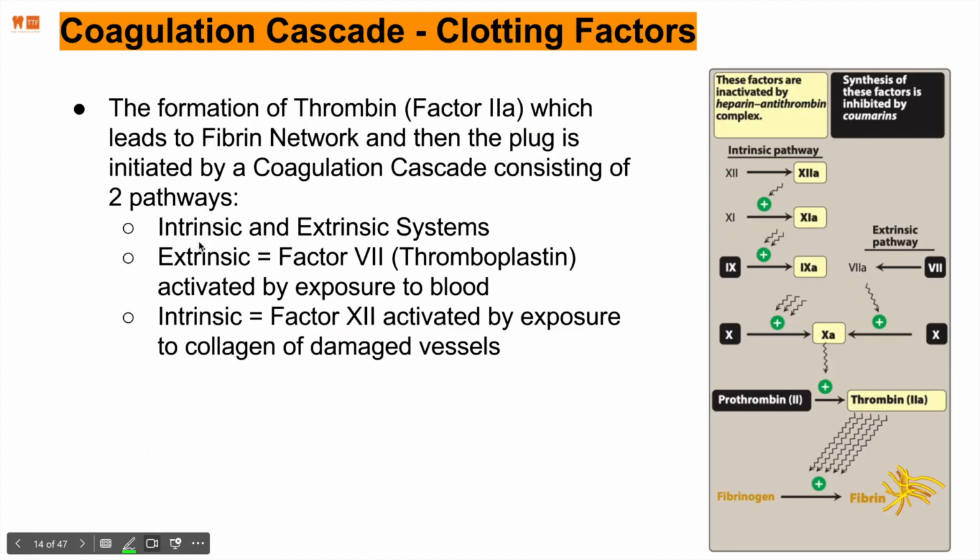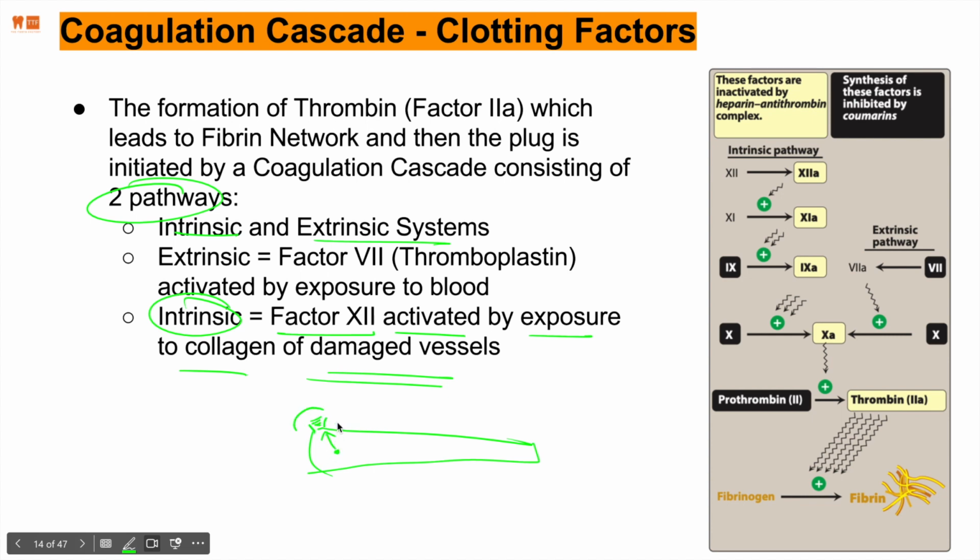So there are two pathways, intrinsic and extrinsic. In intrinsic, we have factor number 12 activated by exposure to collagen of damaged vessels. Okay, so basically in the blood vessel, if there is a clot that needs to be formed at this breach, it will only form at collagen fibers. We learned about that. But because of this collagen being exposed to the blood, factor number 12 gets activated. And that is the intrinsic cascade of coagulation.